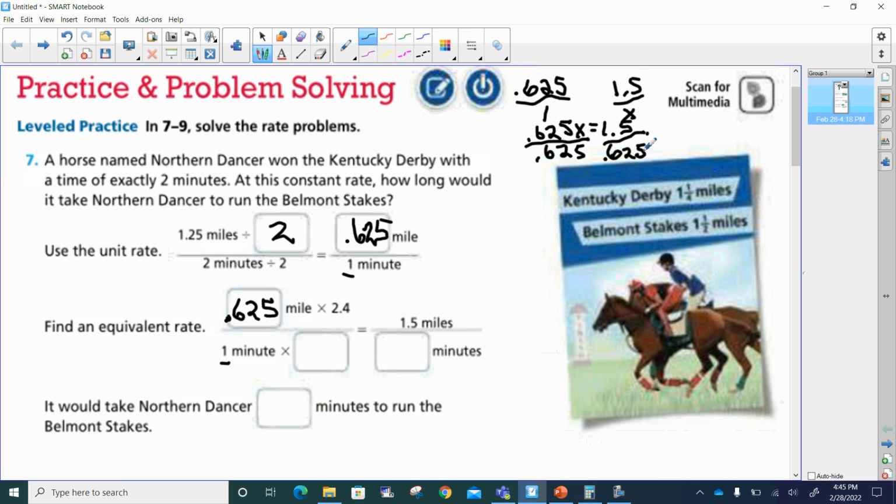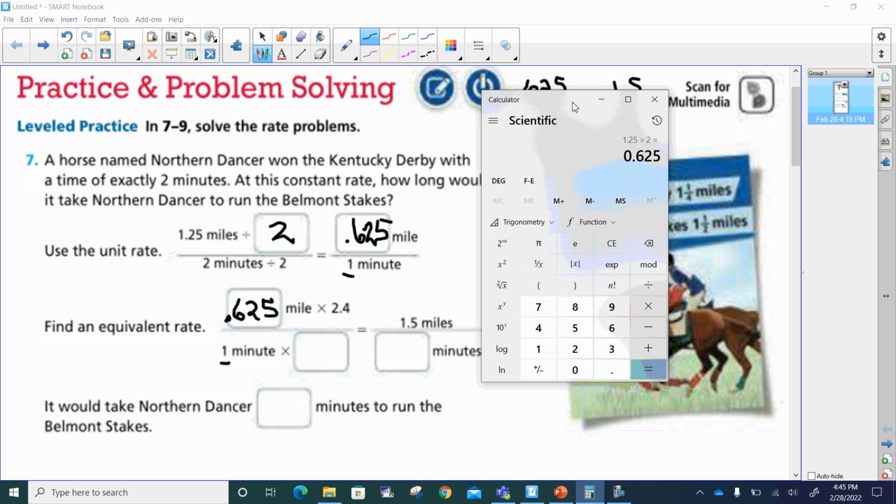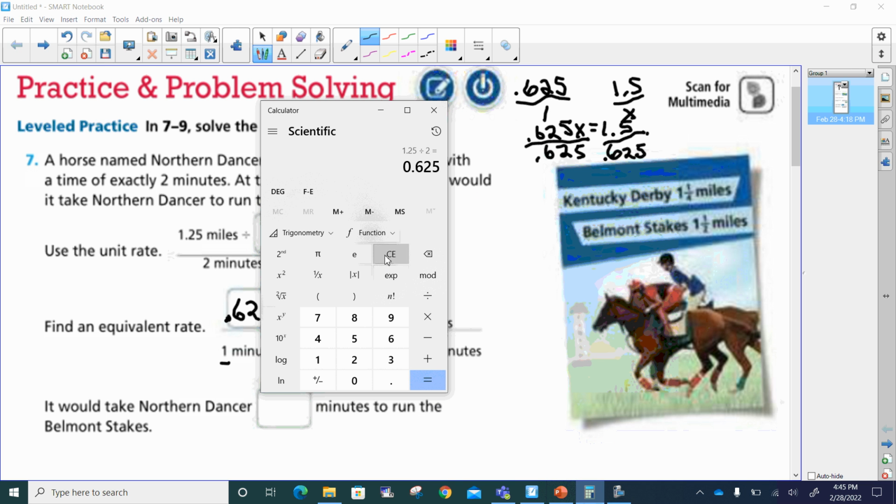I'd have to rewrite everything. Now I have 1.5 divided by 0.625. If I put that in a calculator, we have 1.5 divided by 0.625. And that equals 2.4.